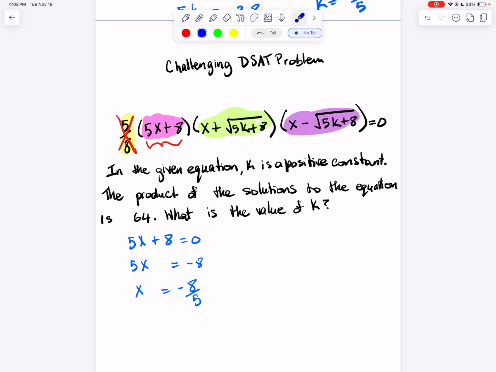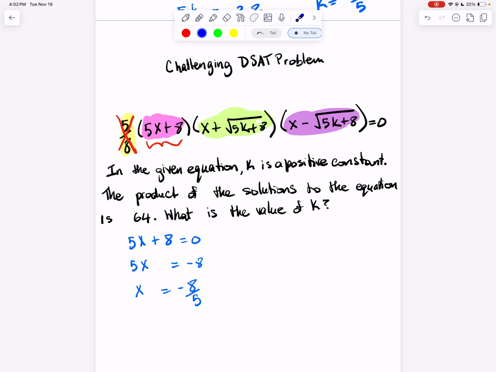Now here is what I want you to recognize. Here we have 2 things, one here and one here, that are very similar. This is the difference of 2 perfect squares. We know this because the same values are here as are here, and the only thing that's different are the signs, which means that the solutions that come out of these two parentheses are going to be the same value, just different signs.